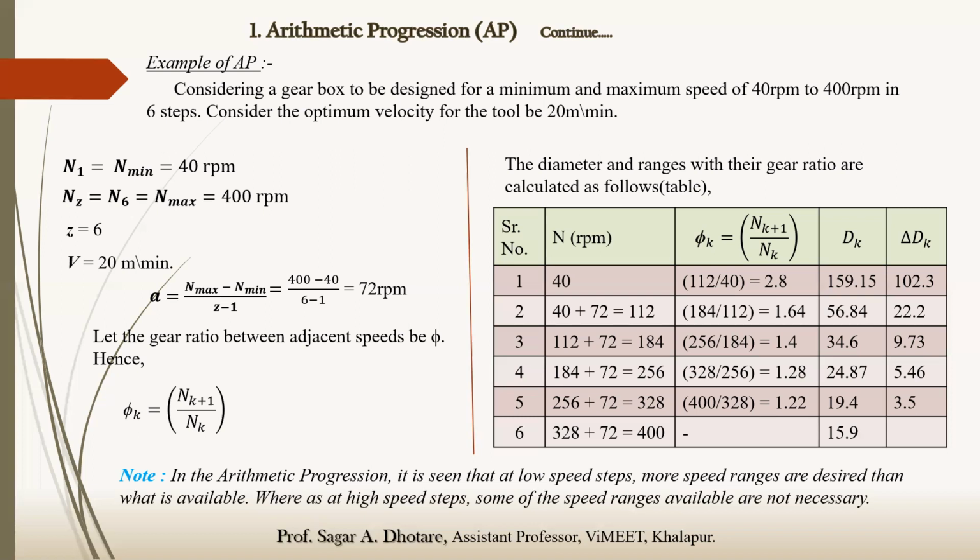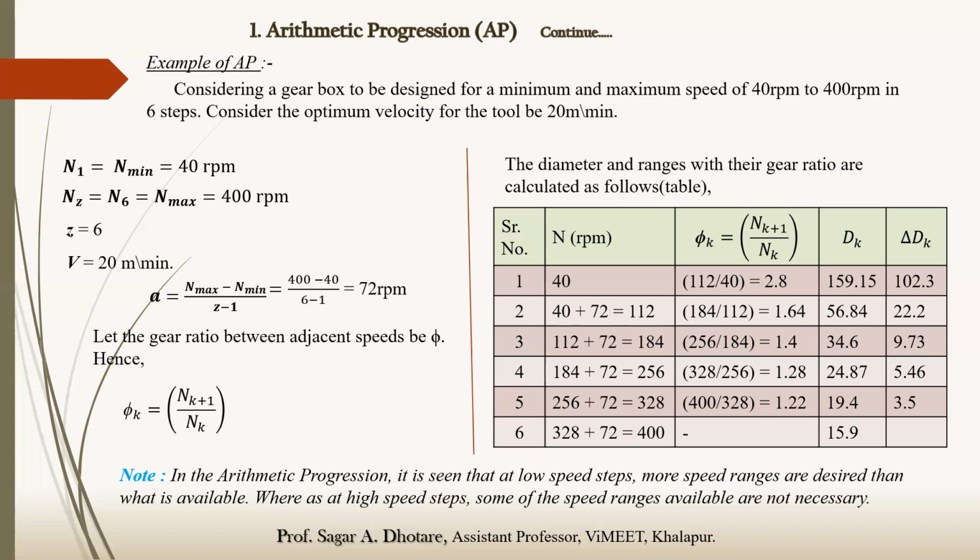As you notice, the transmission ratio varies; it is not constant. As you constantly increase the speed by a fixed amount, it is difficult to control the transmission ratio.